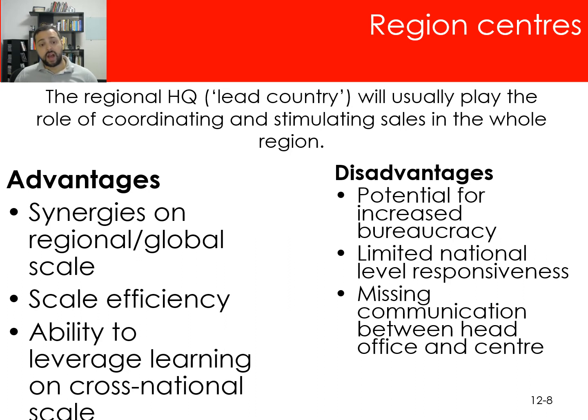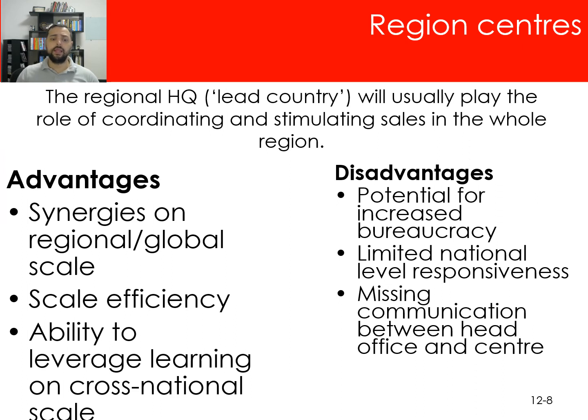First, you have synergies on regional and global scale. So big multinational companies need to have these regional centers to operate fully in many different countries and regions in the world. You can achieve better scale efficiency because you can sell more products and you can share the resources in each region to establish more competitive advantages.